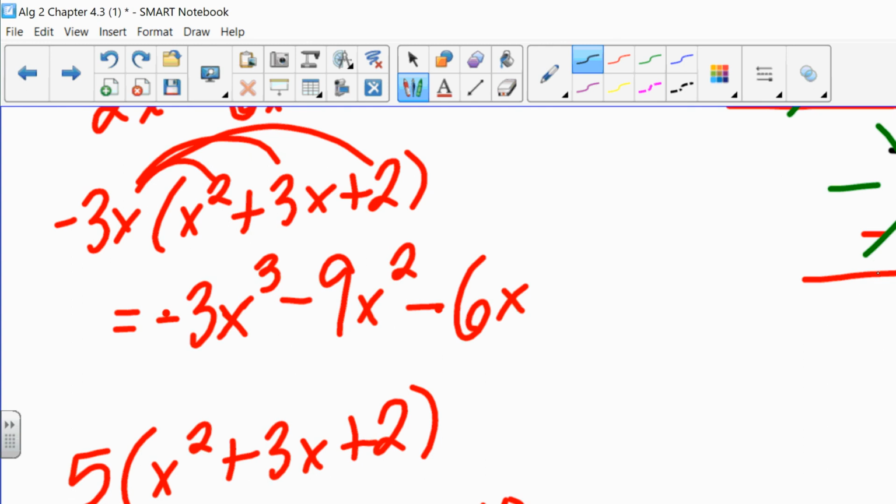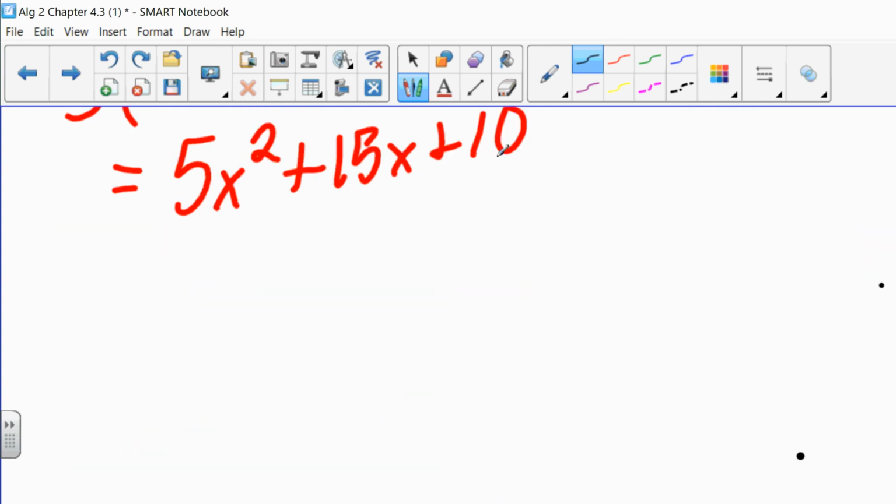So our answer would be 2x squared minus 3x plus 5 plus minus 11 over x plus 2 would be this whole thing here.